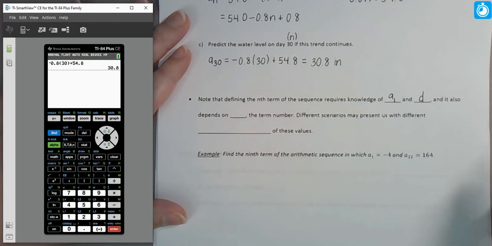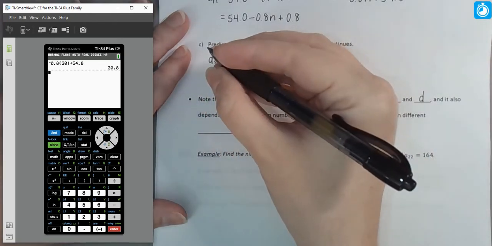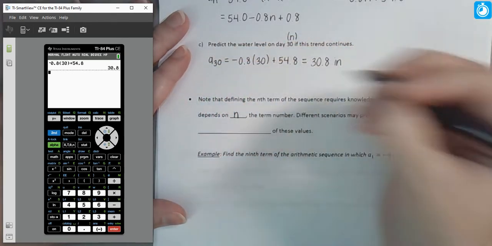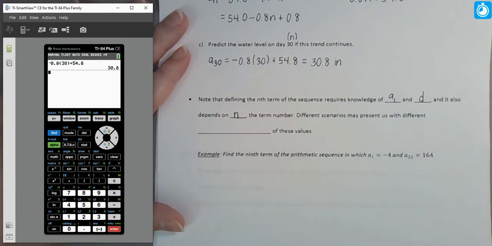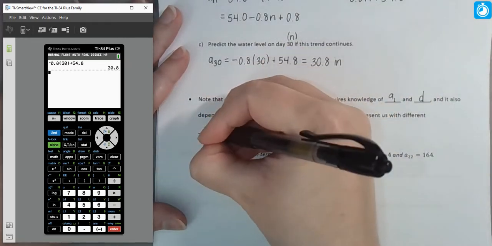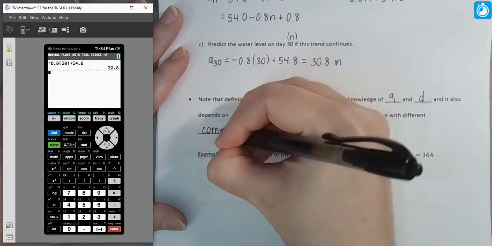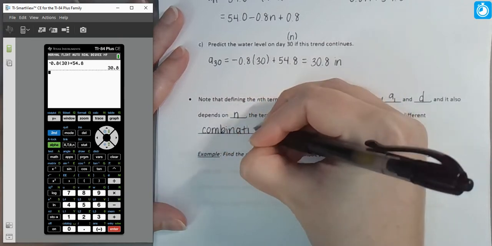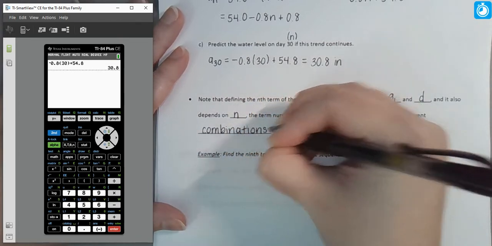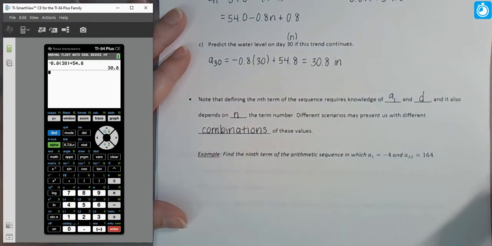And defining any specific term also depends on the value of n, which is our term number. So different scenarios, different combinations of information may present us with different combinations of these values. And as long as we understand how the values are related, then we can pretty much determine anything we need from anything that we have.